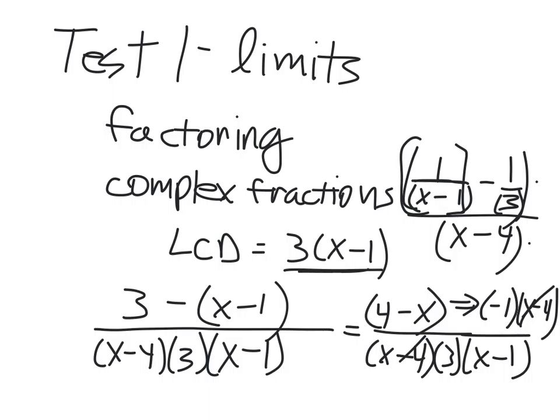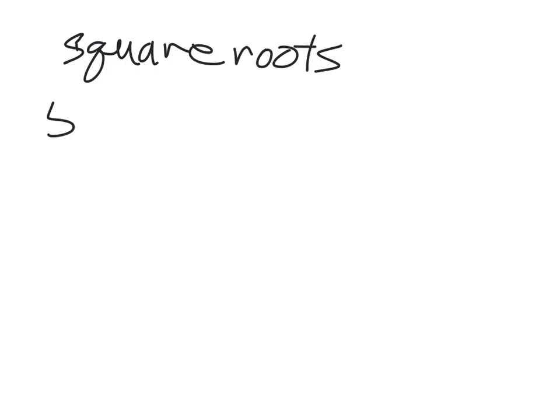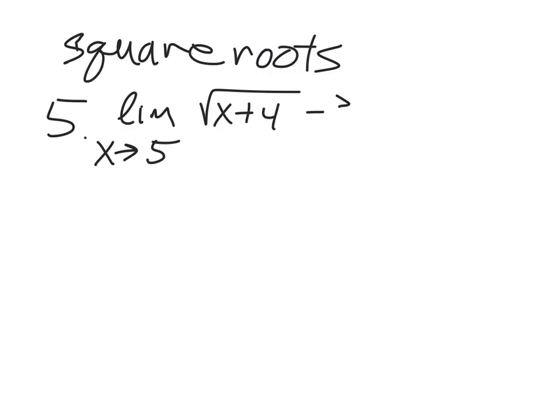Another algebraic way for these limits, dealing with square roots. And in this case, well, number 5 from test 1, we've got the square root of x plus 4 minus 3 all over x minus 5.